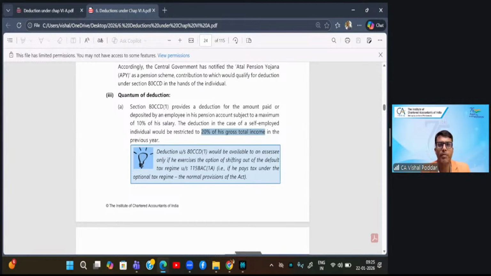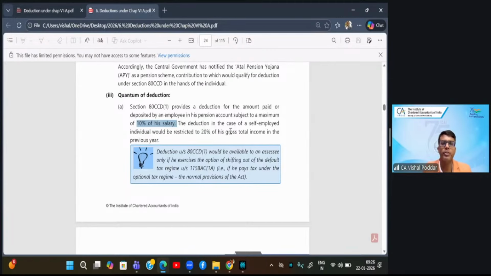In our salary chapter, whenever we had some percentage of salary for the purpose of computing any exemption, salary had some meaning. Here also, salary will have the same meaning as you studied for computing HRA or gratuity. So salary will mean basic plus DA forming part of retirement benefits plus percentage commission.